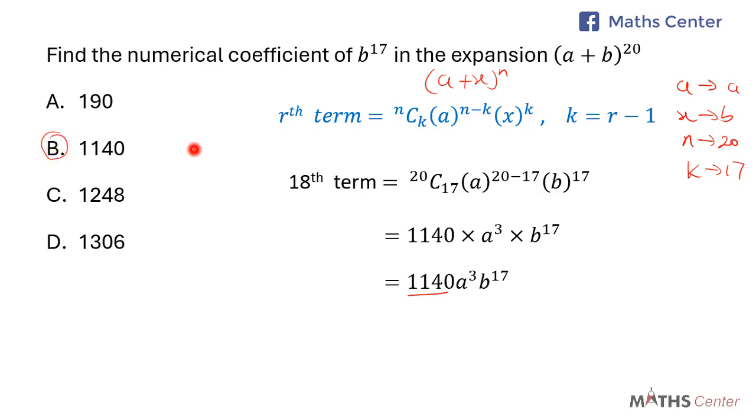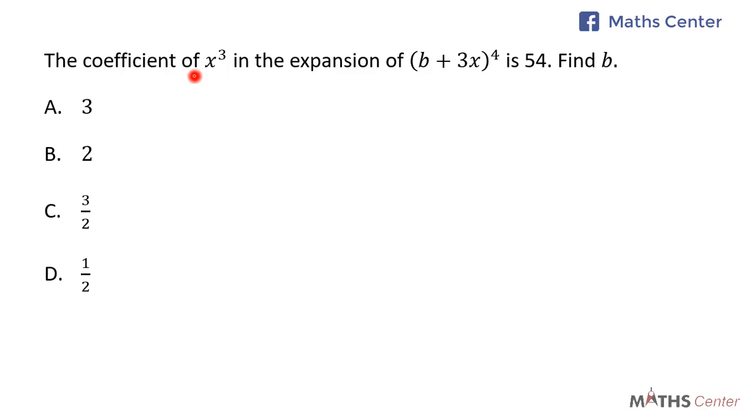Let's look at the next question. The coefficient of x cubed in the expansion of b plus 3x exponent 4 is 54. Find b. This is a multiple choice question, and so we will solve the question, and after that we will pick the correct option.